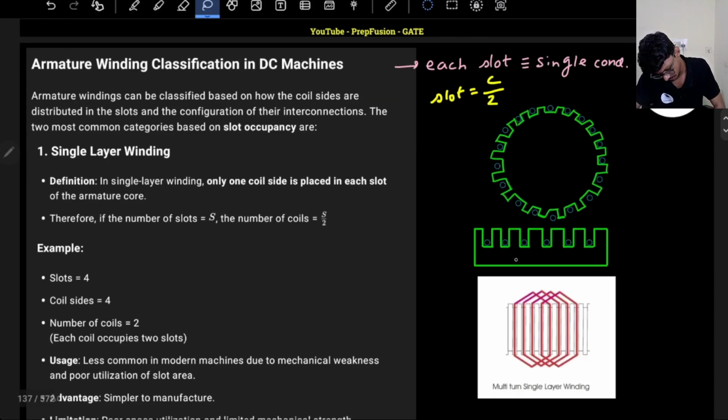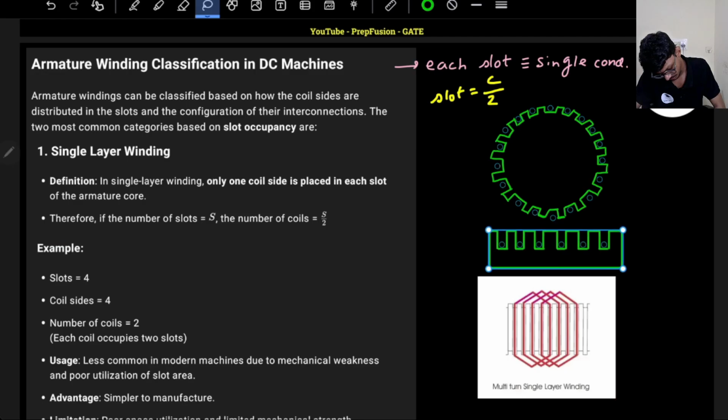Okay, what am I messing up? I have a single conductor. A single conductor means how many coils? Yes, half of a coil only. So each slot will contain a conductor.